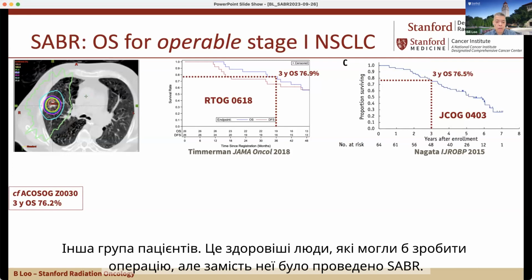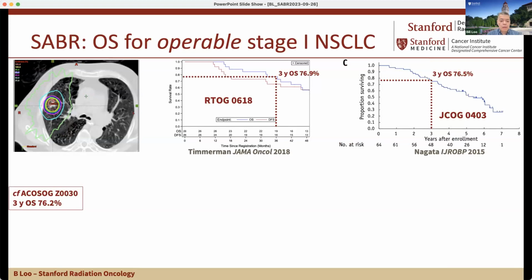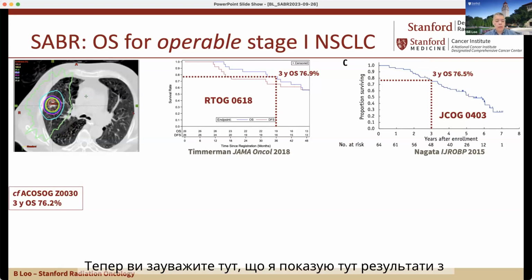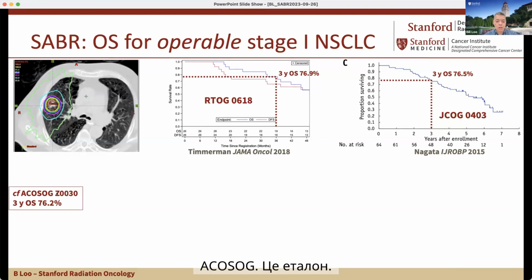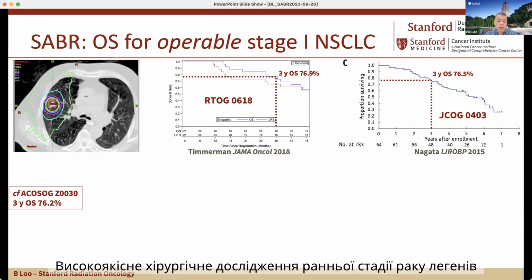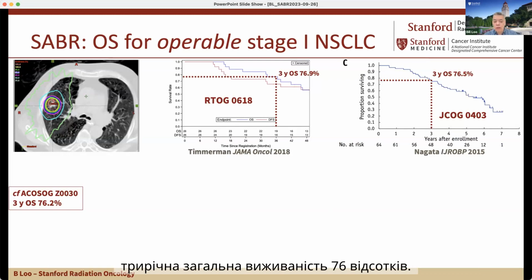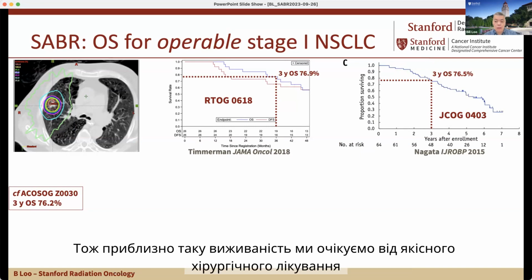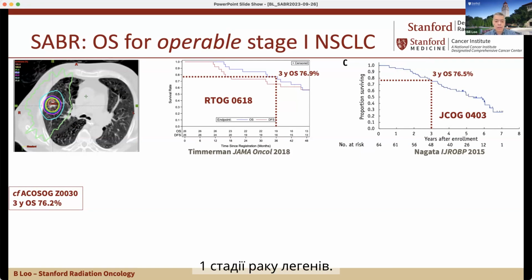These are people who are healthier, who could have had surgery, but had SABR instead. Now you'll note that I'm showing the results from the ACOSOG Z30 trial. This is a benchmark high-quality surgical trial for early stage lung cancer, showing a 3-year overall survival of 76%. So that's about the survival that we expect from high quality surgical treatment of stage 1 lung cancer.